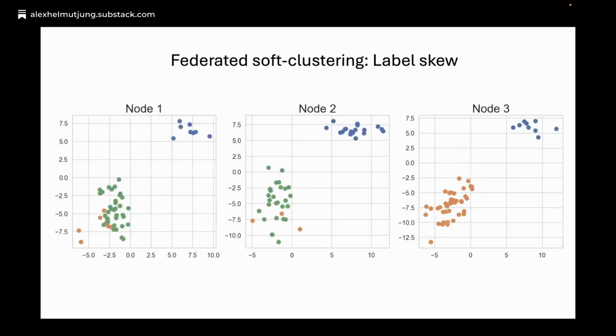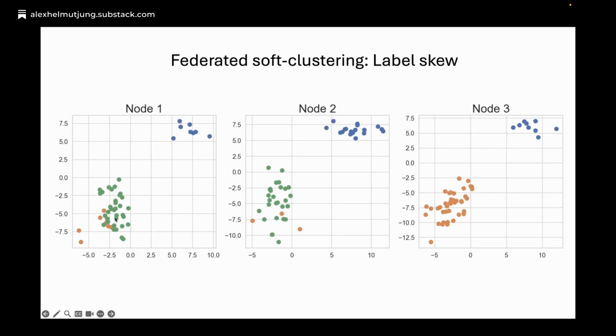Now we're moving to a different setup, so-called label skew, where we split the data a little bit differently. In this case, the data on each node can be different. As we can see here, we want to learn 3 components, but each node has access only predominantly to some of the components.